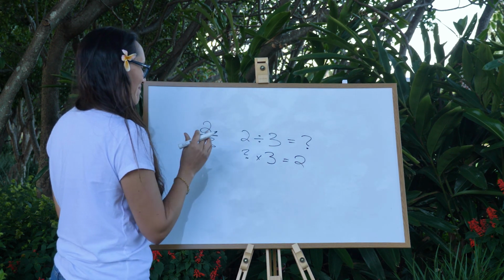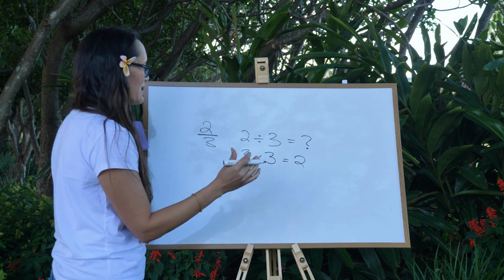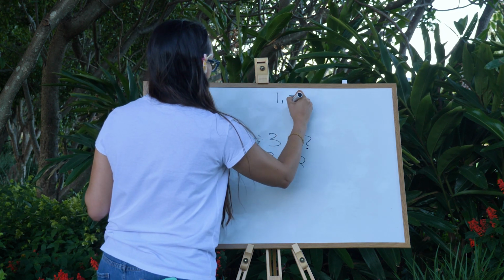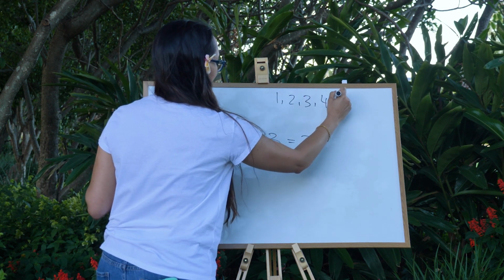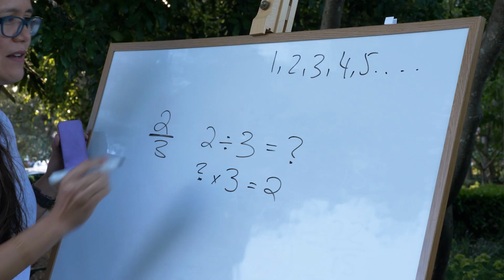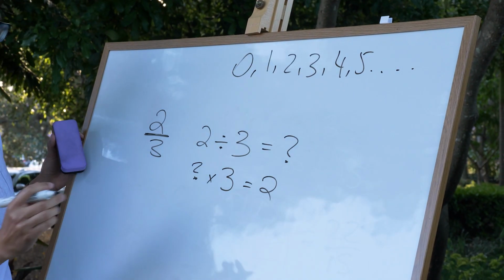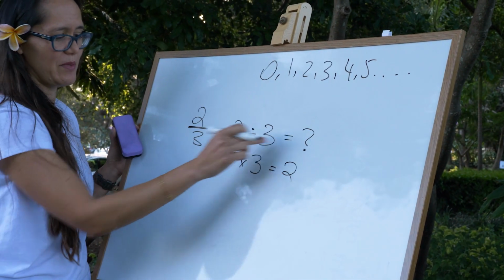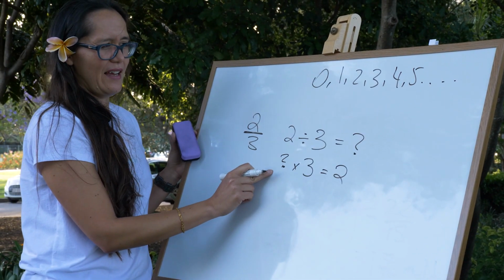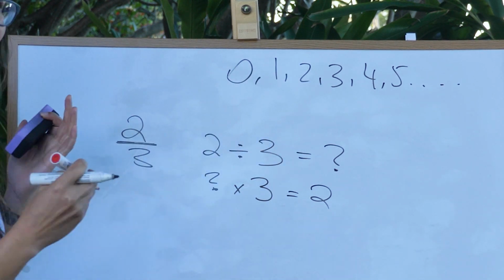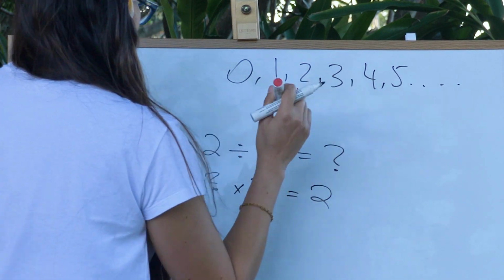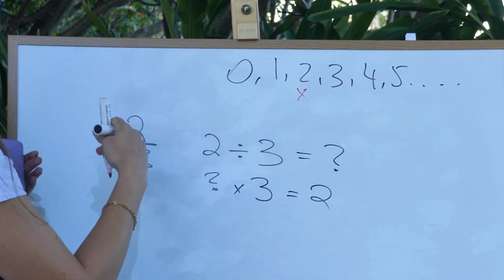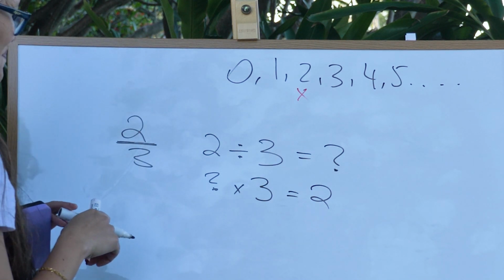So when we're first learning to count, we've got these natural numbers going on, and we've got 0. Are any of these numbers one of these possibilities? It can't be 2 because 2 divided by 3 can't be itself. It has to be smaller than 2.